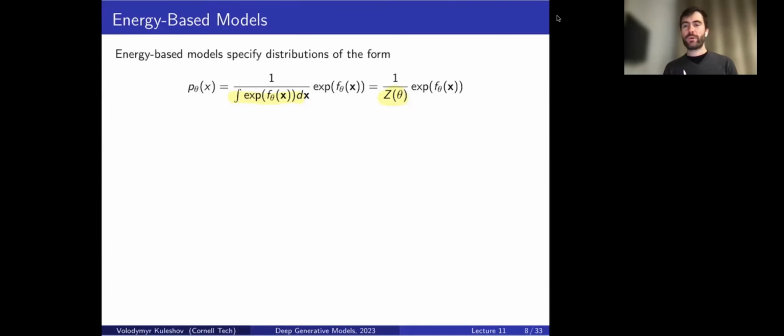So z of theta is going to be the number by which I need to divide my unnormalized probability to make everything sum to 1. And any probability that we can express in this form, we can call an energy-based model. That's the new type of generative model family that I'm going to propose in this lecture, and we're going to see how we can do useful things with this model family.